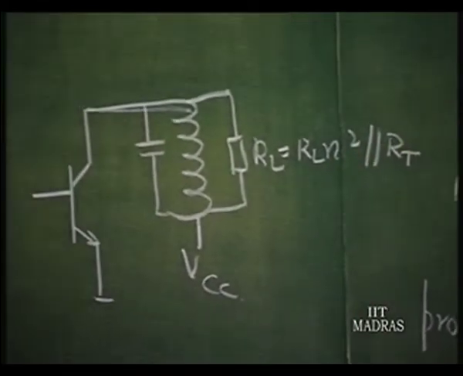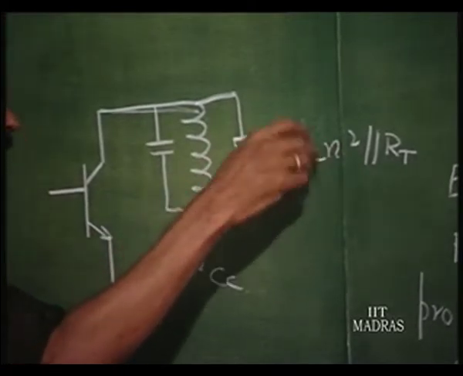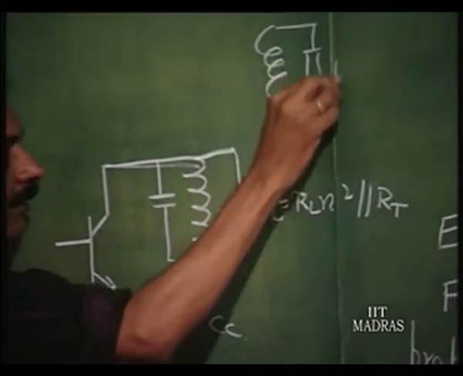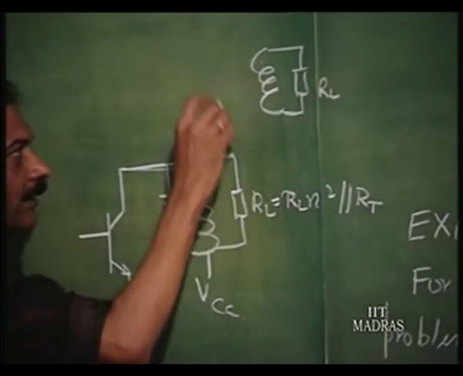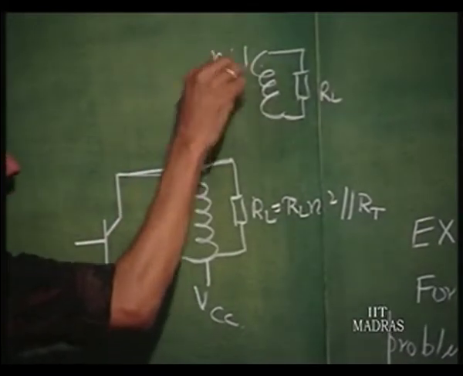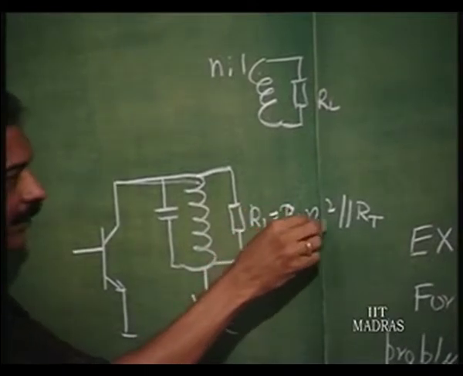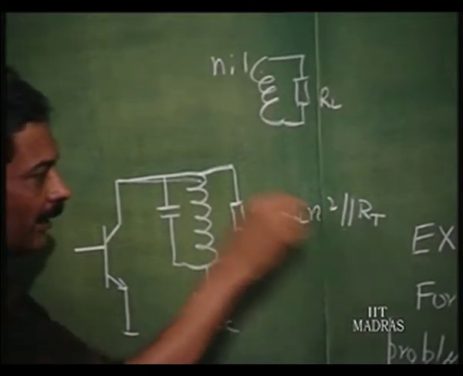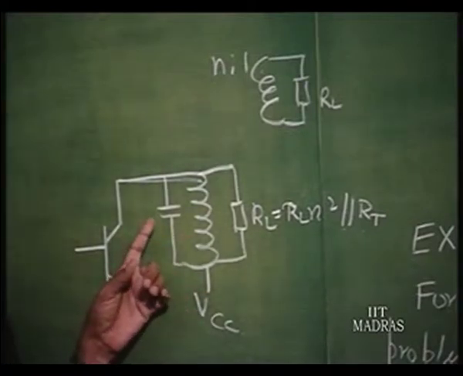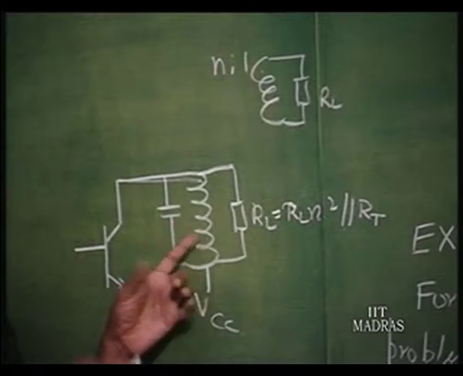Effective RL is RL into N squared. So the turns ratio is N is to 1, then this resistance gets reflected as RL into N squared, and this parallel R total takes care of the loss component in the capacitor and the loss component in the coil all put together.